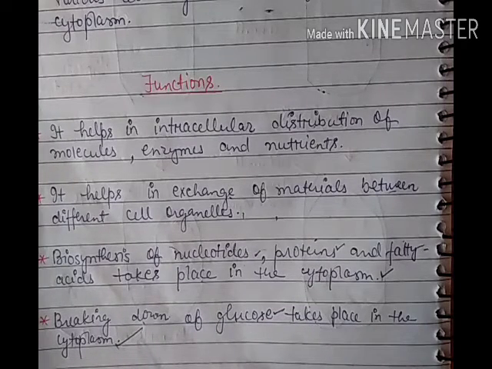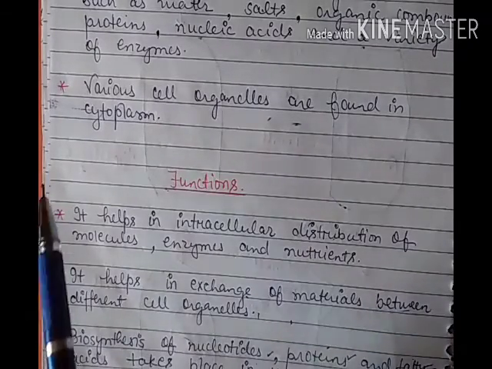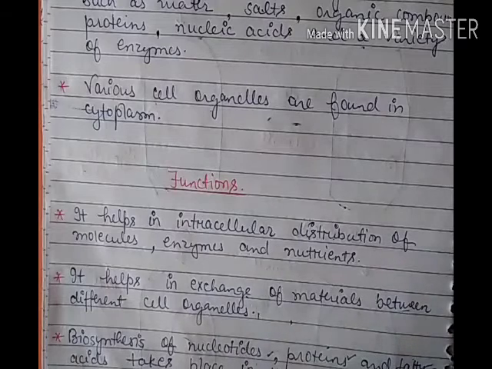In the cytoplasm various kinds of cell organelles are found, or you can say living components are present in the cytoplasm that are called cell organelles. So next we will discuss the cell organelles: what these cell organelles are, and their structure and function.